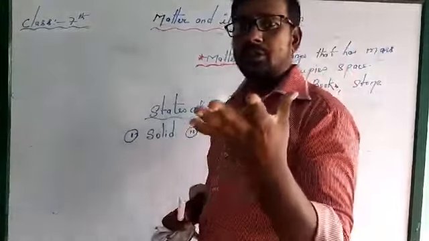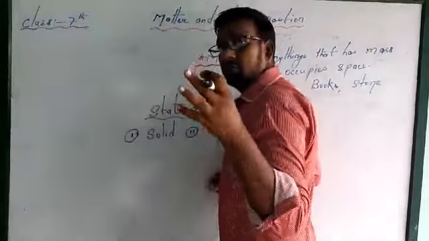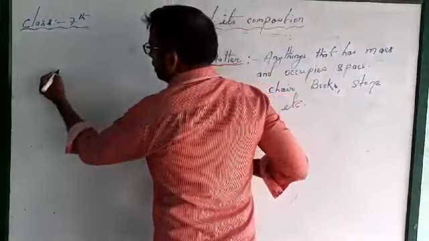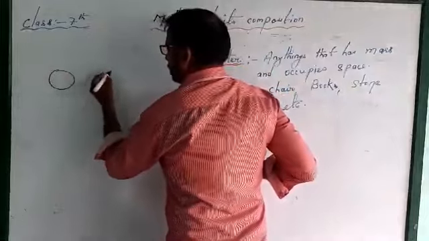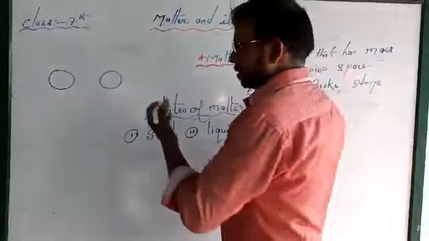Suppose 2 molecules are there, which we denote in circular shape. Suppose this is 1 molecule, and 2 molecules are there.